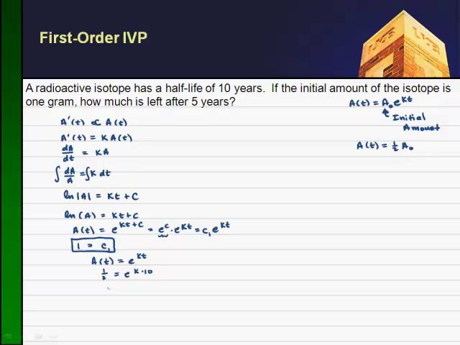If I solve this, I take the natural log of both sides. Here I'll get the negative of the natural log of 2, which is the natural log of 1/2, which is the natural log of 1 minus the natural log of 2. ln 1 is 0. This is equal to 10k, where k is a tenth of the natural log of 2.